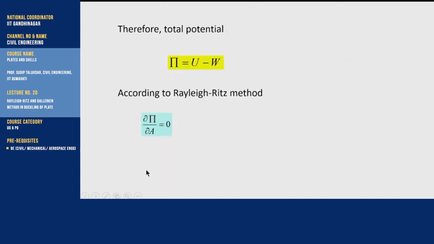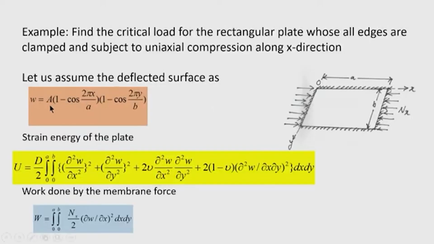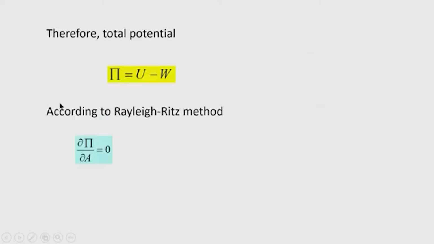Okay. So, the total potential is pi equal to U minus W, and that has to be differentiated with respect to the constant that is used to define the deflected surface. Since A is the non-zero parameter, we differentiate this to find this.